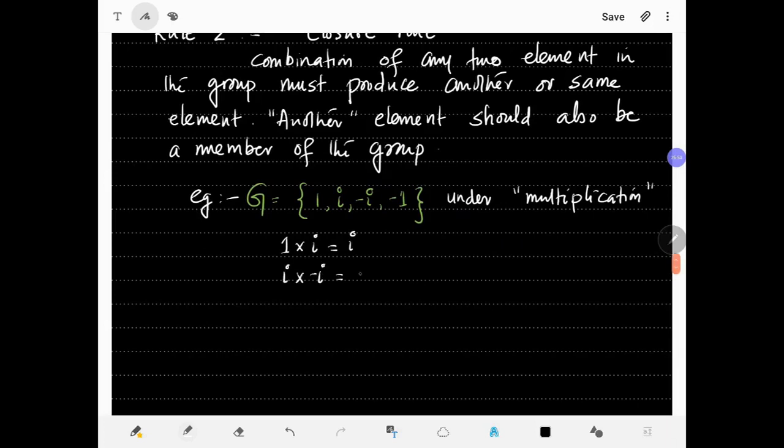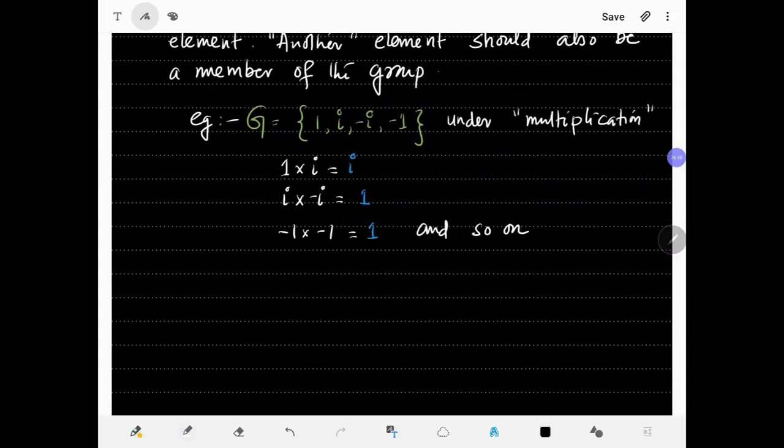You can see that 1 into i is i, i into minus i is 1, minus 1 into minus 1 is also 1. Likewise, if you take any combination within the group, you could get the result. And you see the results i, 1 and 1, all these 3 elements are elements of the same group.